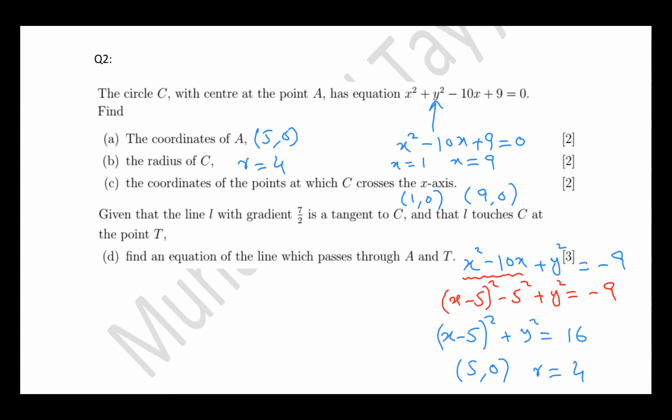Next part: given that the line L with gradient 7 by 2 is a tangent to C, and that L touches C at the point T, find an equation of the line which passes through A and T. So first of all, you need to make a sketch for this information. Say this is a circle.